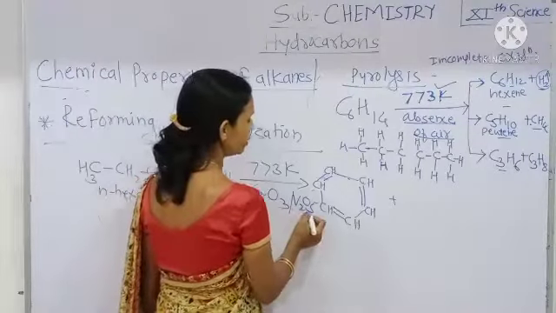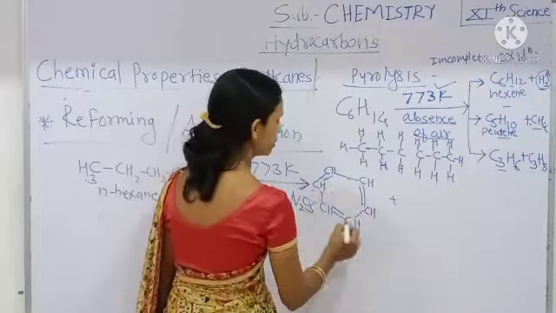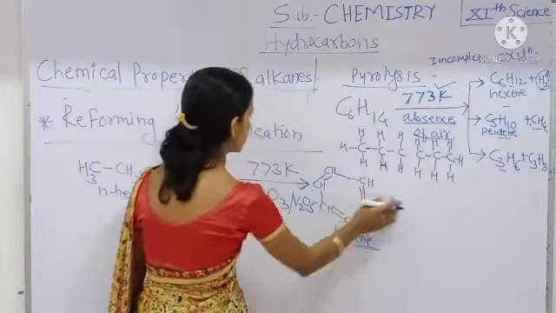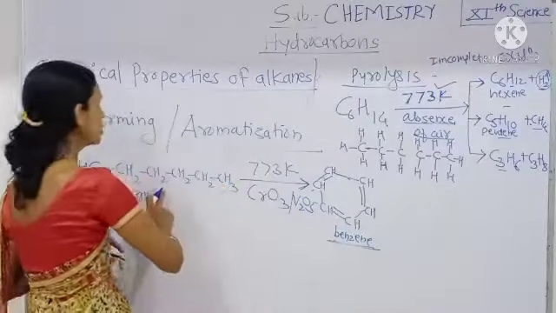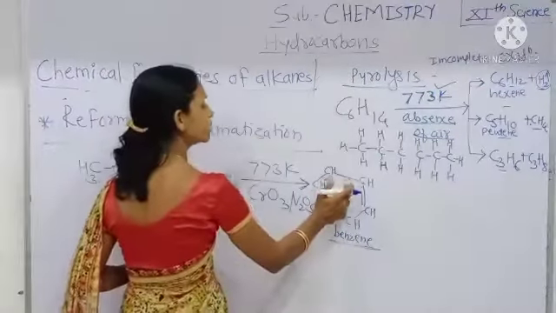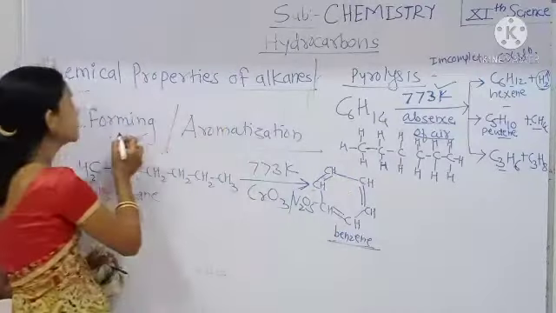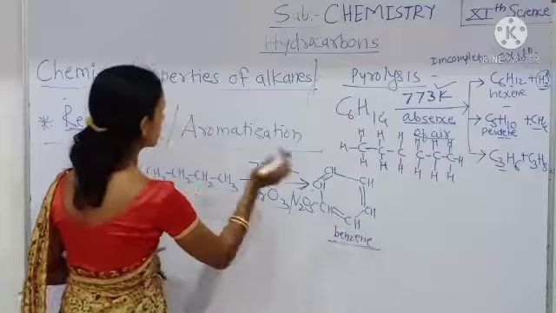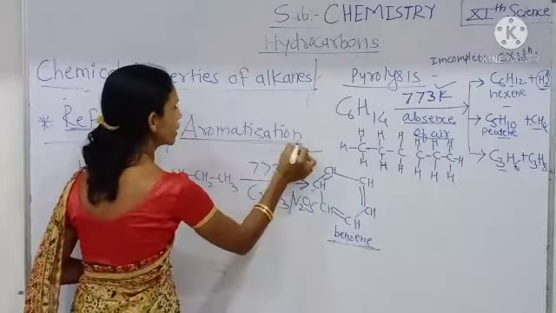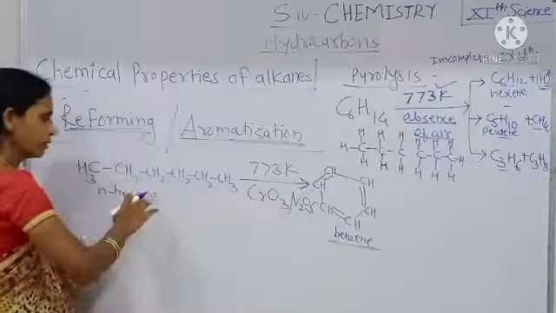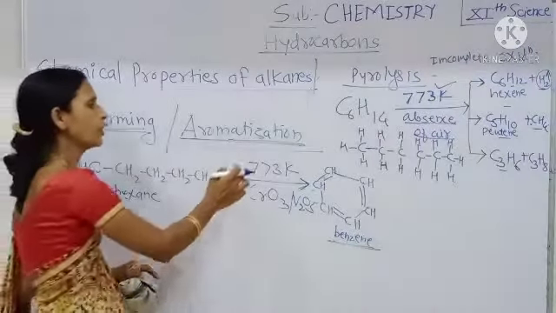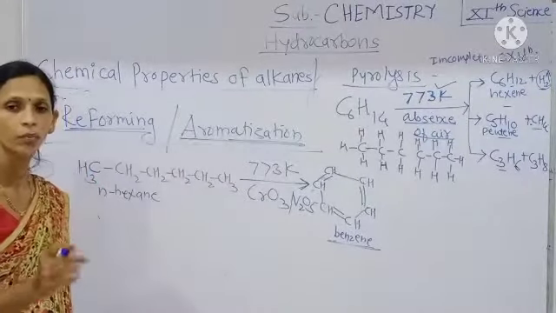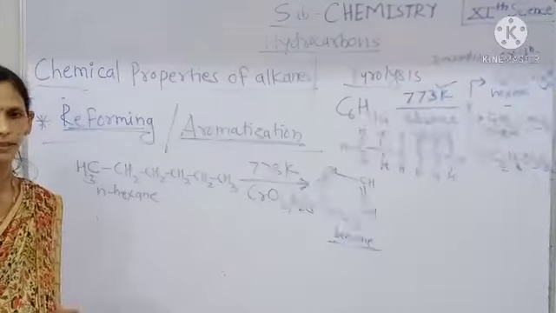That means here aromatic compound formation takes place from alkane when it is heated at 773 Kelvin with chromium oxide CrO3 and vanadium pentoxide, and open chain alkanes are converted into ring structures. Therefore this is known as reforming, and as aromatic compound formation takes place, it is known as aromatization. But this process takes place at a particular condition using a particular oxidizing agent.